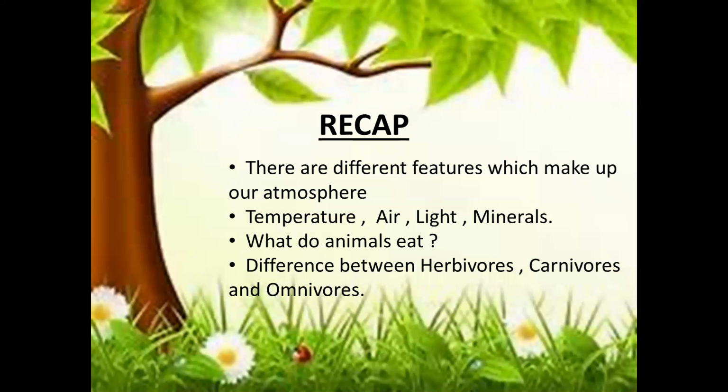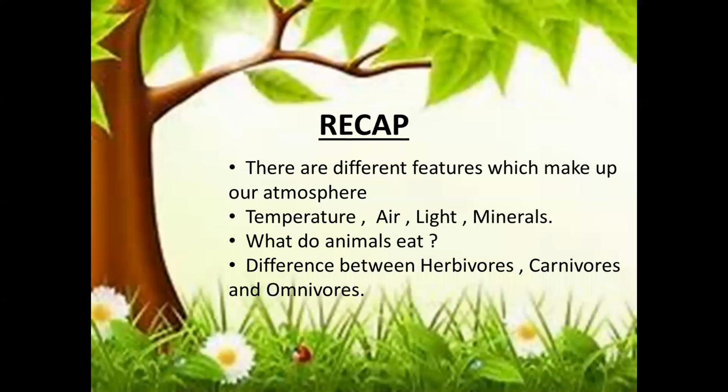And then minerals: plants need minerals, and they get them from the soil or in the form of fertilizers, while humans get minerals by eating different types of fruits and vegetables, milk, egg, etc.